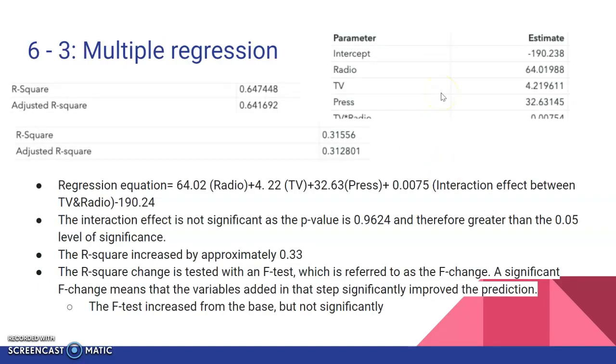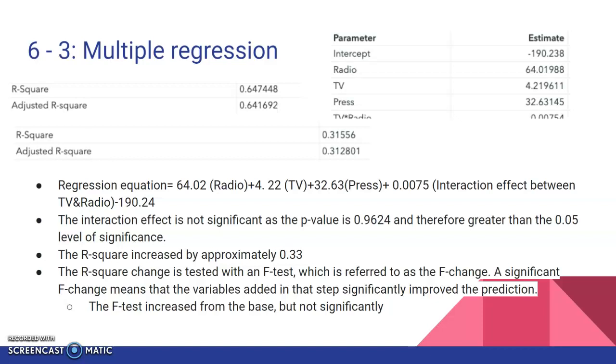Our last slide is the 6-3 multiple regression slide, and we can see the R square and adjusted R square numbers in the top left. We can see the parameter and the estimate values in the top right.